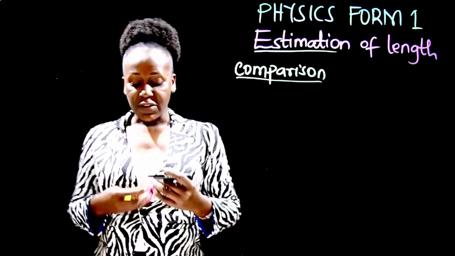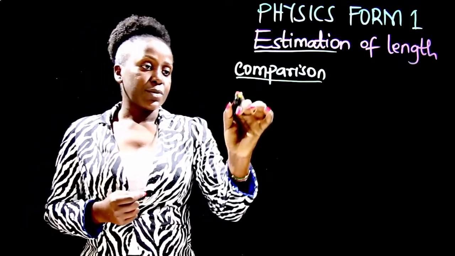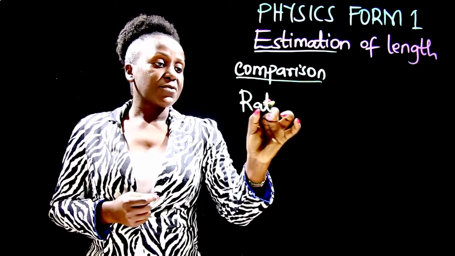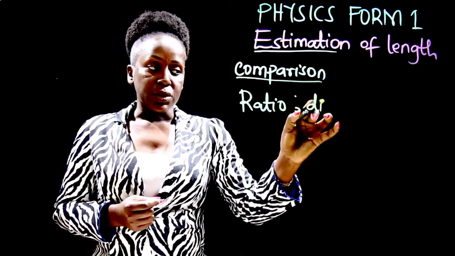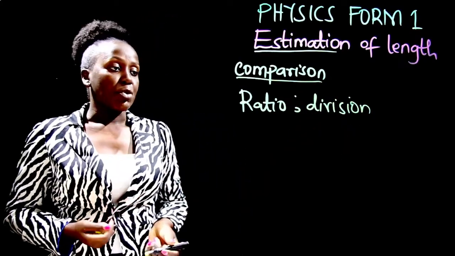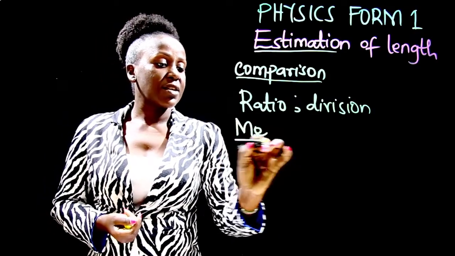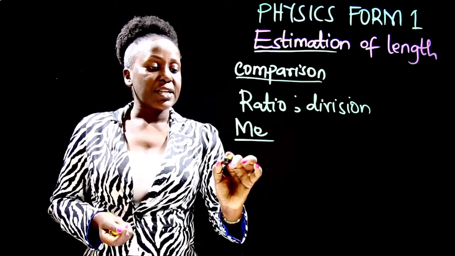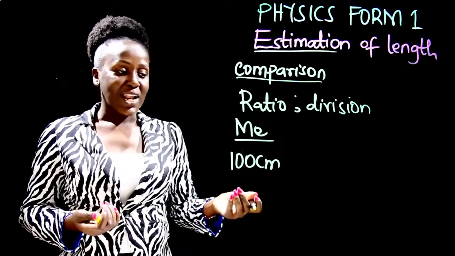So when doing comparison, you must always find a ratio, okay? You must always find a ratio, which is basically division. Now allow me to explain this using an example. Let's say my height, so this is my information, is 100 centimeters. Of course, I'm taller.